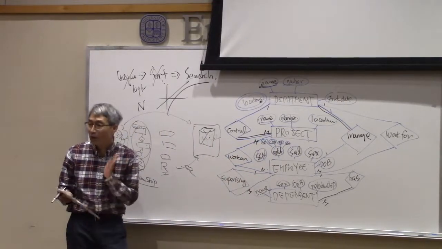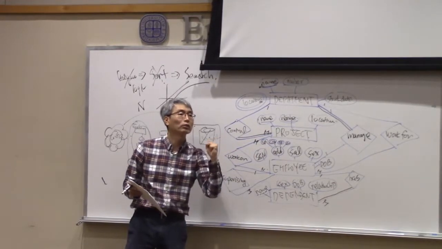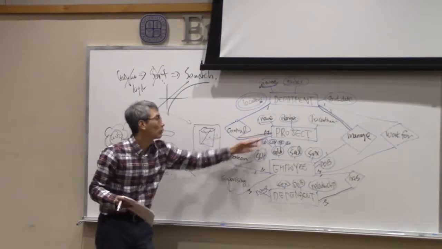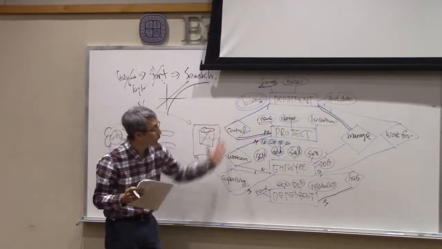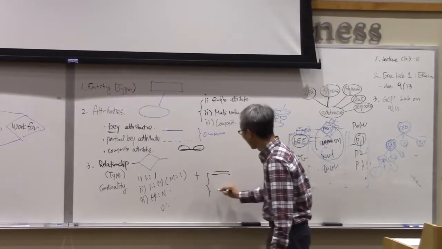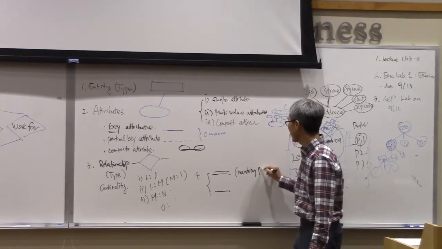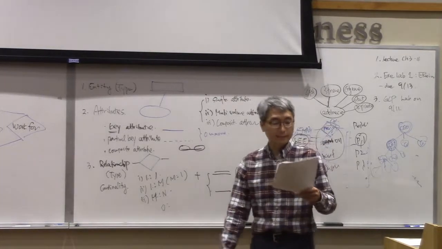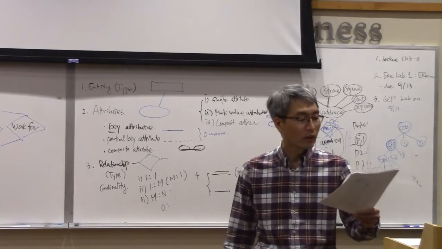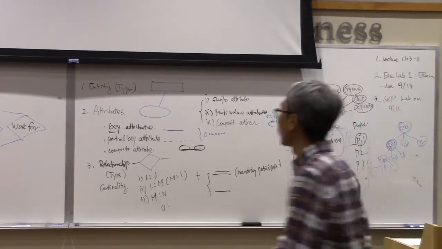But if it is clearly mentioned that each project should have at least one employee to initiate, at that time you can use a double line. It's a very strong condition. So you should be careful when you decide double or single. Double means it's a mandatory participation. Okay. Then we did step 3 and step 4, weak entity.